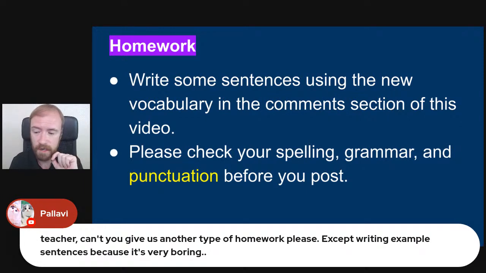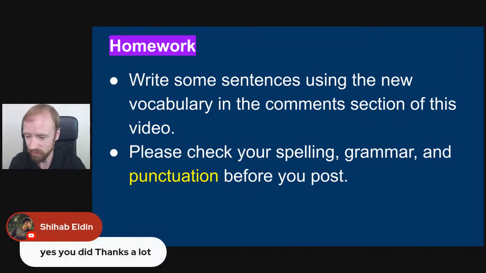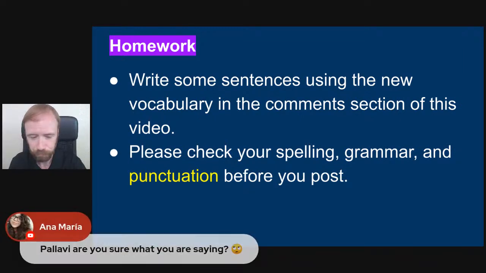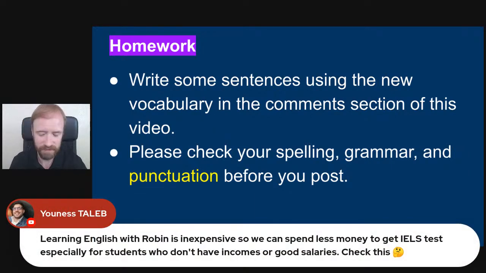This is the homework I give you. And if you have a teacher who's willing to teach you and check your homework for free, wow, that's a good deal. As everyone else here understands. Yeah. Don't worry, Pallavi's a little young. We could forgive her.